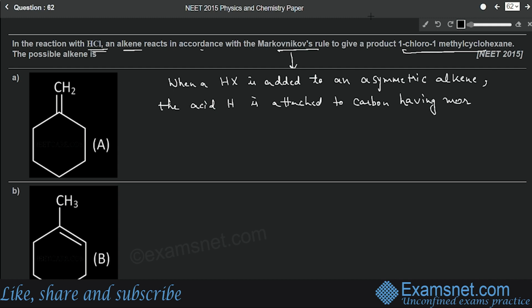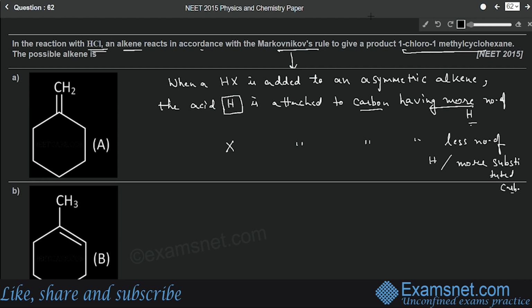So the acidic hydrogen will get attached to that carbon which is having more number of hydrogen atoms, whereas the halide group will get attached to the carbon having less number of hydrogens, or we can say the halide group will get attached to the more substituted carbon.